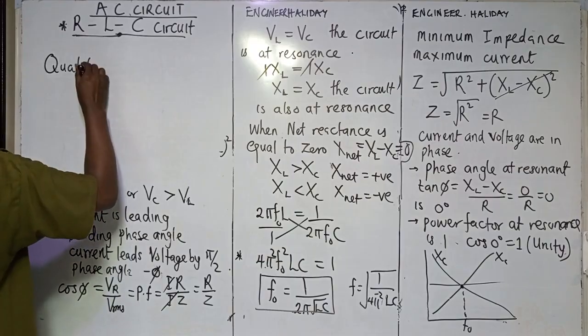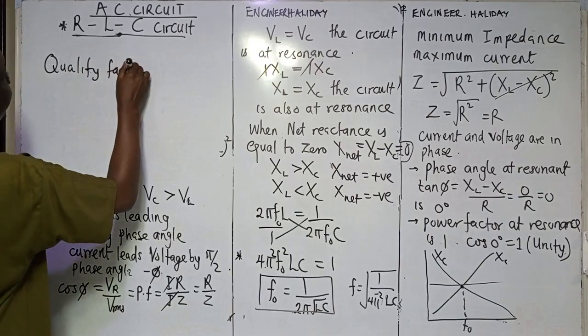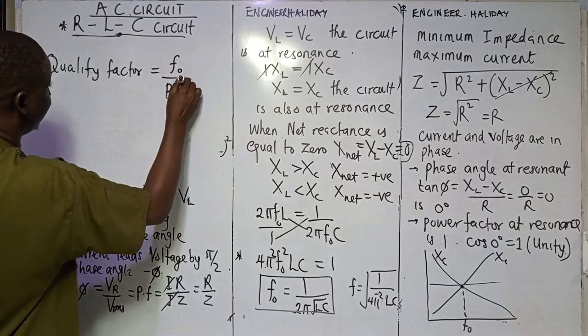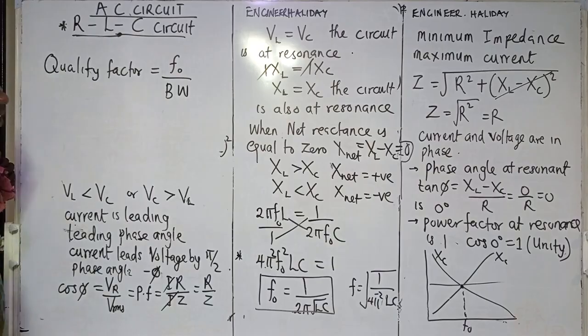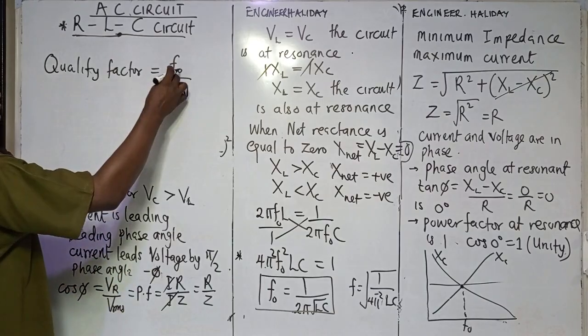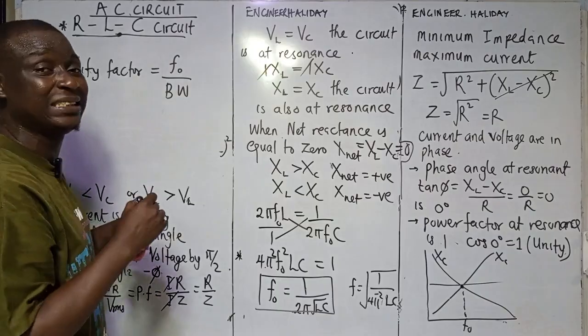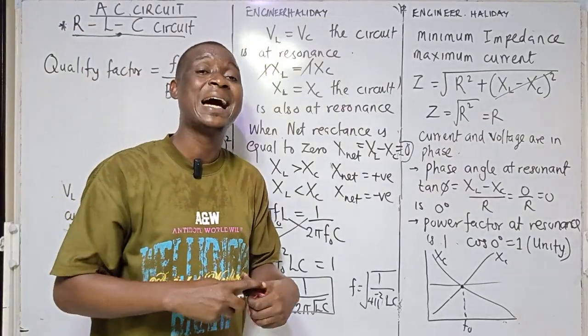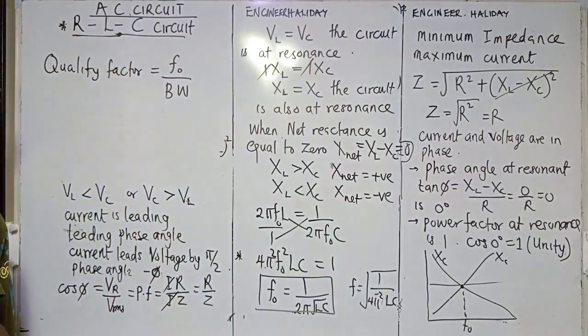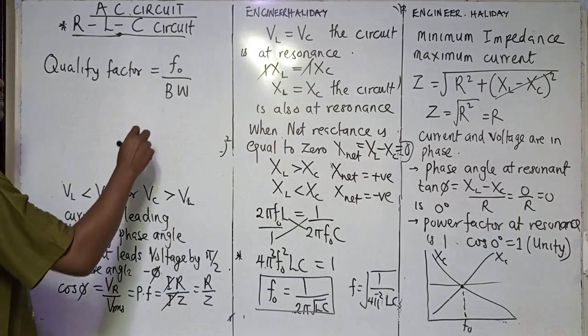Quality factor is equal to resonance frequency over bandwidth. So the quality factor is the ratio of resonance frequency to bandwidth.